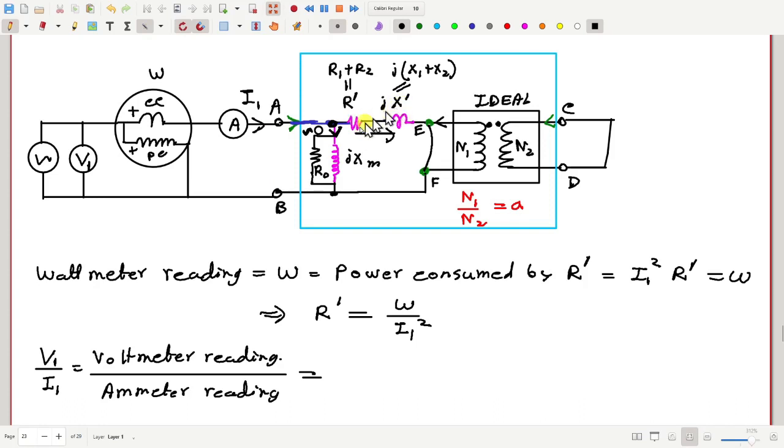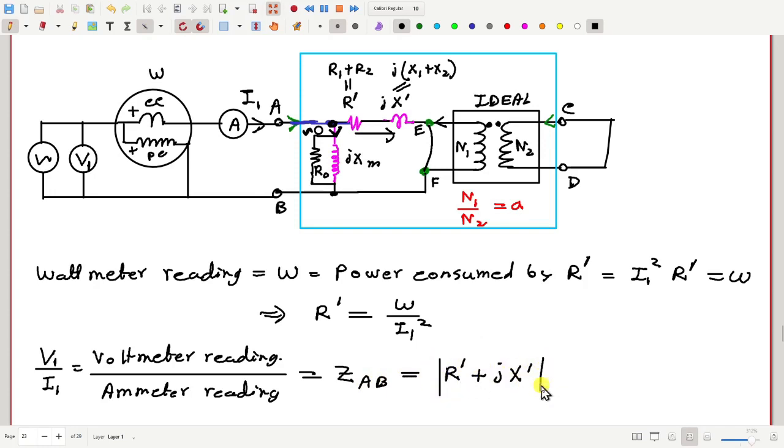Since R prime X prime is much smaller compared to R0 Xm, this impedance ZAB is approximately equal to the magnitude of R prime plus jX prime.